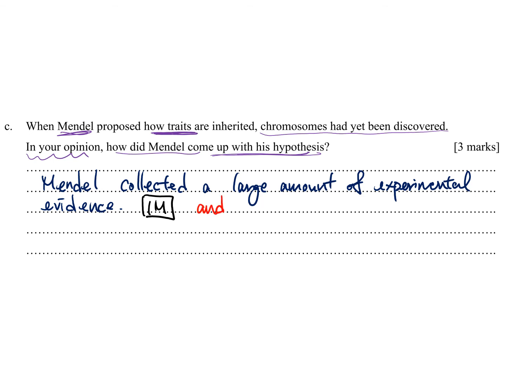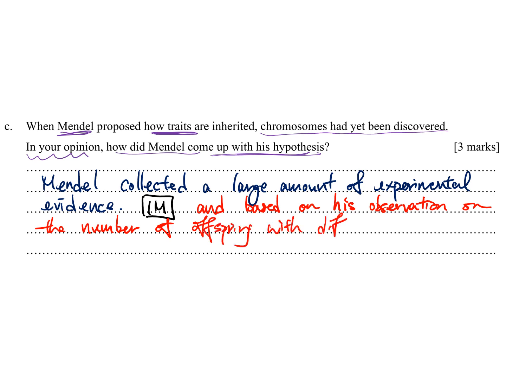And he based it on his very, very good observation on the number of offspring with different phenotype characters. Okay, you get another mark.